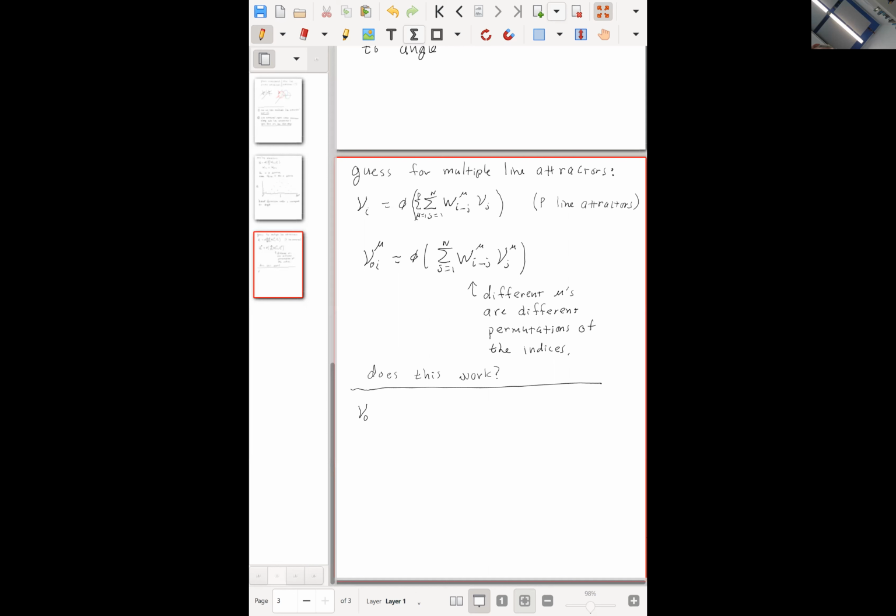Shoot, I'm using nu for rate. Before we used sigma rho, so what should I use?